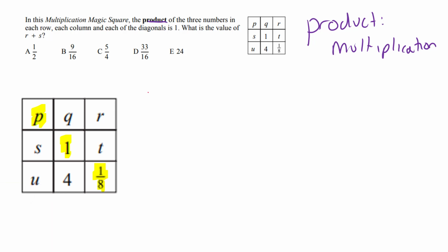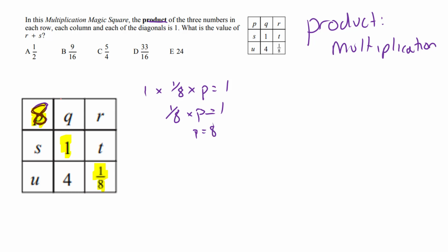So we have 1 times 1/8 times p equals 1. So what would p have to be to make this true? We have 8 times p equals 1, which means that p has to equal 8.